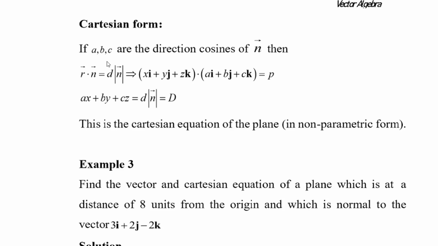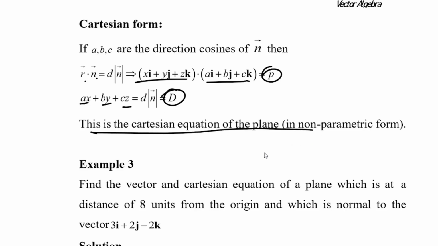The Cartesian form of a vector equation of this nature gives us r dot n equals D magnitude of n, and that gives us this one dot this, which is the same as ax plus by plus cz equals D magnitude. So this is the Cartesian equation of the plane in non-parametric form.